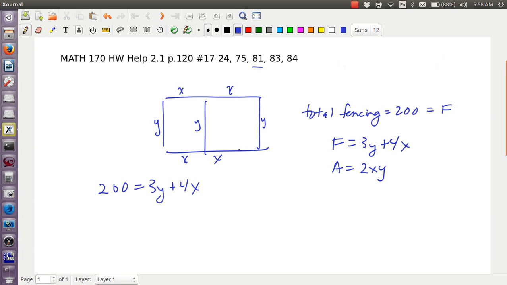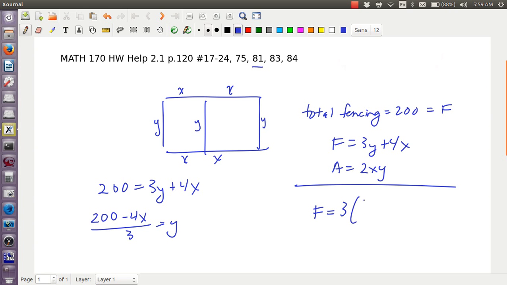Yeah, so let's see. We should probably solve for y because the book labels side x in exactly the same way I have. Funny that. That didn't happen on purpose. Okay, there we go. So that's what y has to be. So the total fencing then is equal to 3y plus 4x.